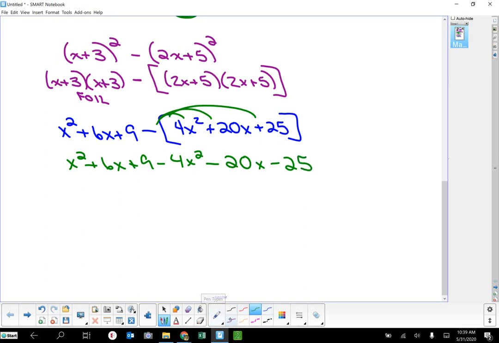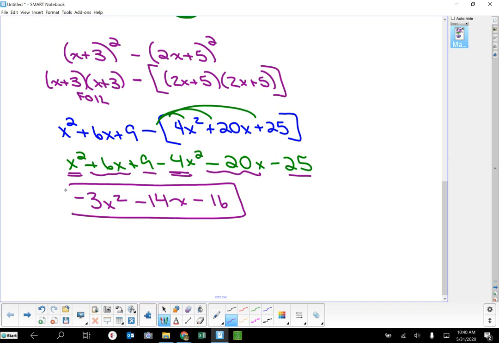And then I'd combine like terms and have an x squared minus 4x squared, so minus 3x squared. 6x minus 20x is a minus 14x. And then plus 9 and a minus 25 is a negative 16. And that would be your answer to that thing.